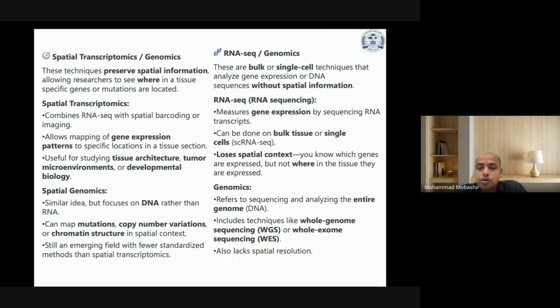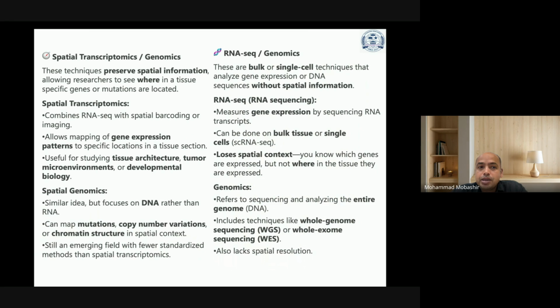Spatial genomics is a new technique with respect to the normal NGS approaches. These techniques preserve spatial information, allowing researchers to see where in a tissue specific genes or mutations are located.